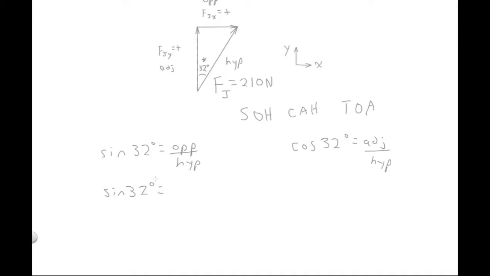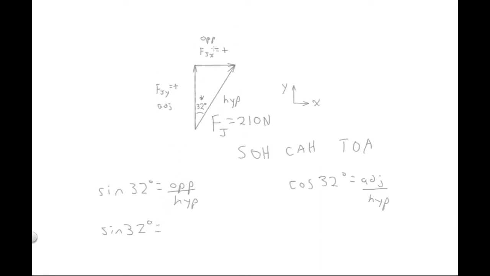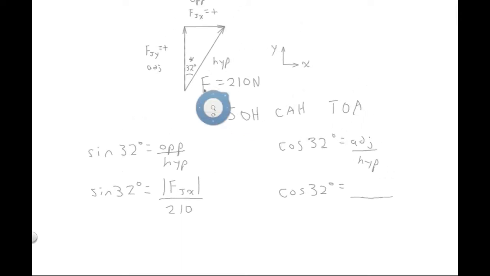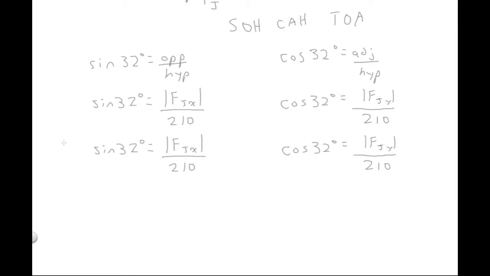Sine 32 degrees equals the length of the opposite side, the magnitude of FJx, over the length of the hypotenuse, 210. Cosine 32 degrees equals the length of the adjacent side, the magnitude of FJy, over the hypotenuse, 210. Multiply both sides by 210 to get the variable by itself.